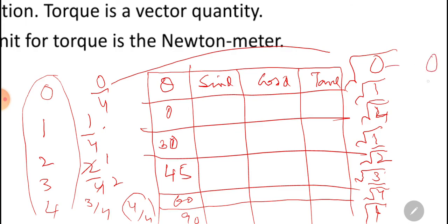Here we will get 0, here we will get 1 by 2, from this 1 divided by under root 2, from this under root 3 divided by 2, and from this 1. I will do it again because it doesn't give a good look.